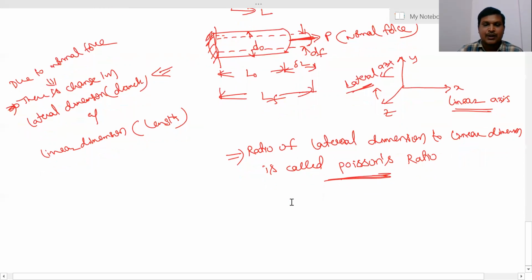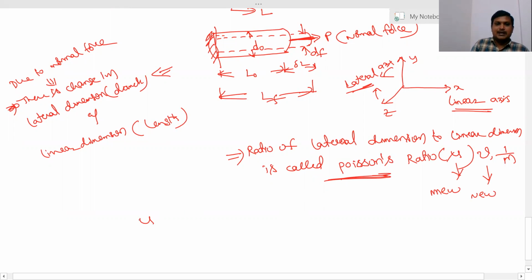That ratio we call Poisson's ratio, denoted by mu. Some textbooks denote it as mu, nu, or 1 by m.